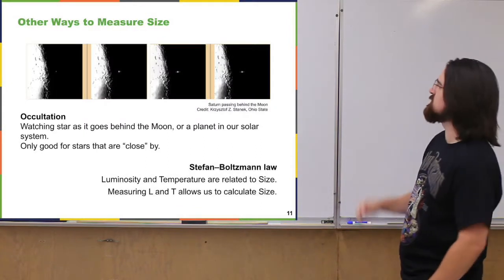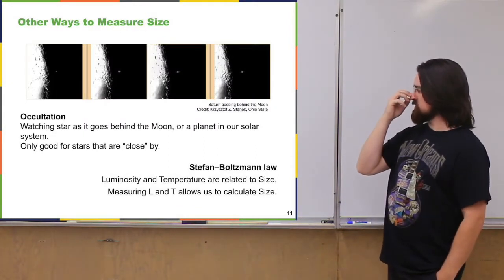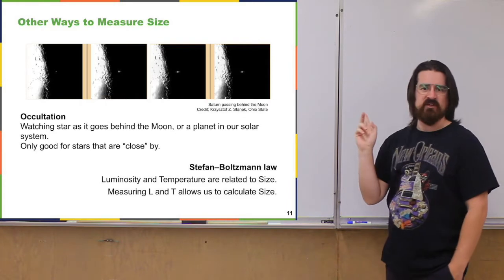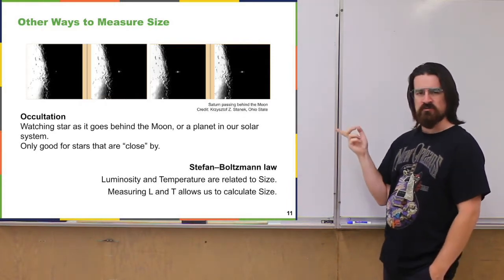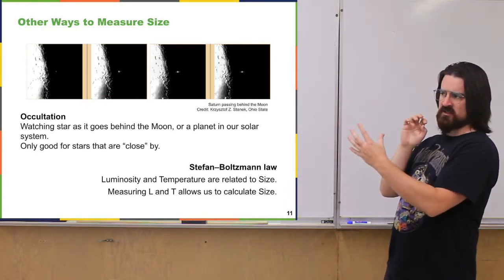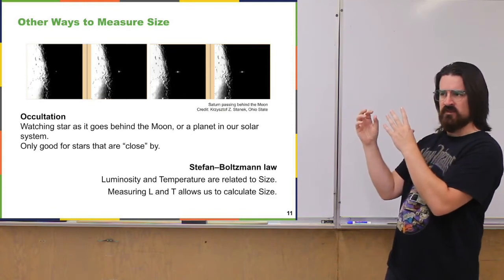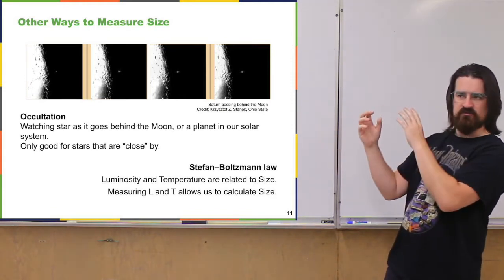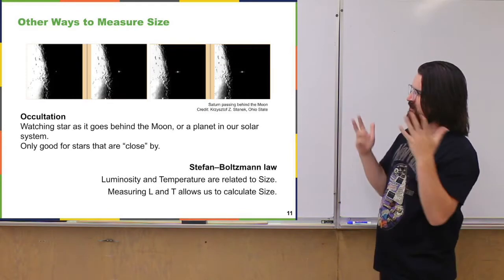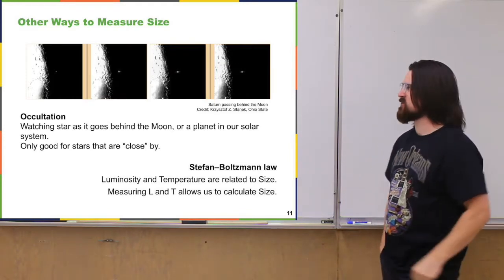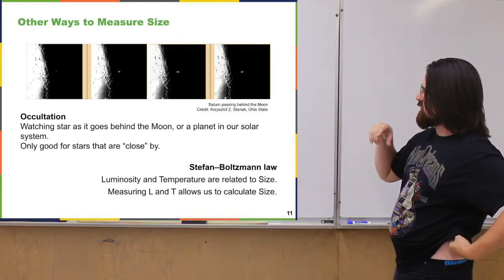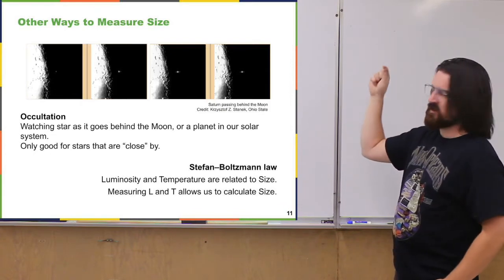A couple other ways that we measure the size of stars. One has to do with that process of occultation I told you about a while back. Just when one object moves behind another one, or the first object moves in front of the other one, same difference. How does that tell us about the diameter of something? Well, the images here are of Saturn passing behind the moon.